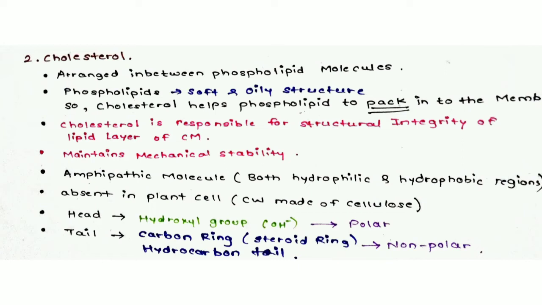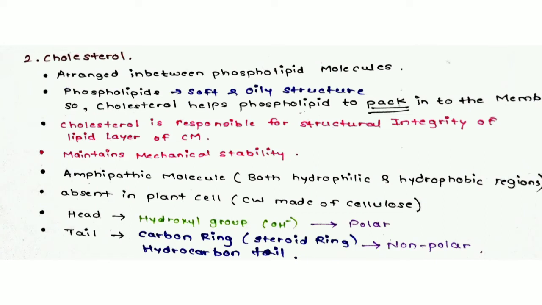So to properly pack the phospholipids into a membrane, in between we have cholesterol. You can say cholesterol is responsible for the structural integrity of the lipid layer. Also, it maintains mechanical stability. I will discuss this part in the factors affecting the fluidity of the cell membrane in a while.